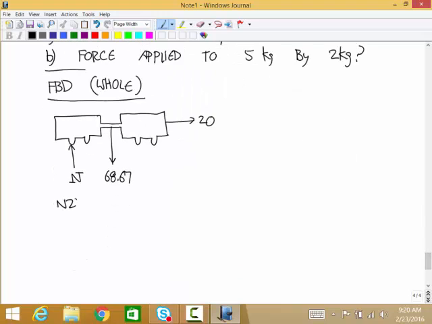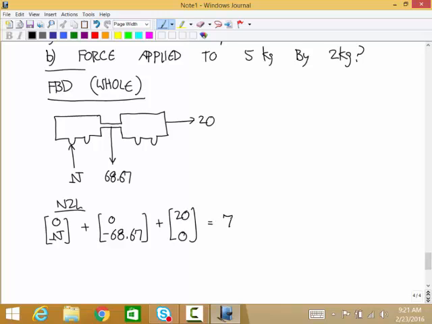So Newton's second law says 0, N plus 0, negative 68.67 plus 20, 0 is equal to 7 times, what do we know about the acceleration?